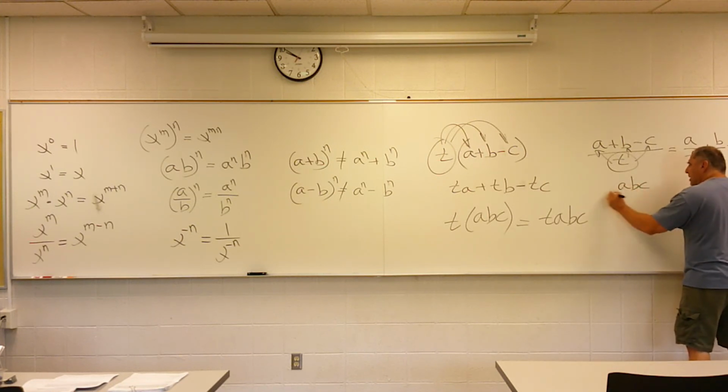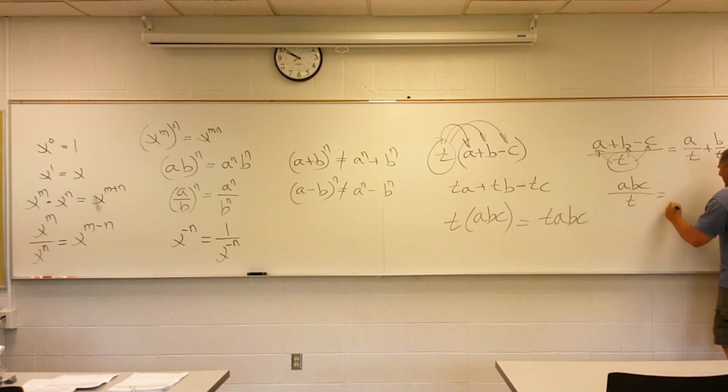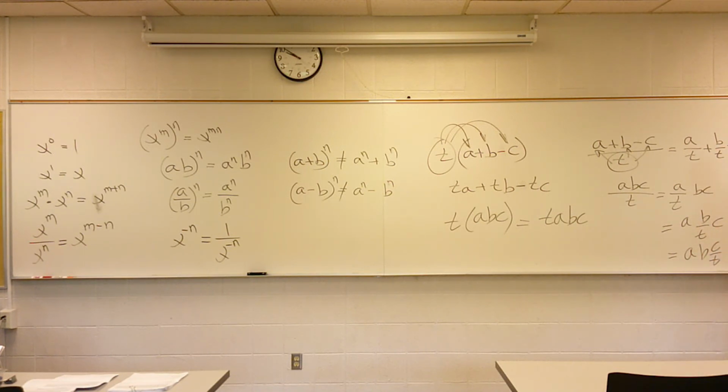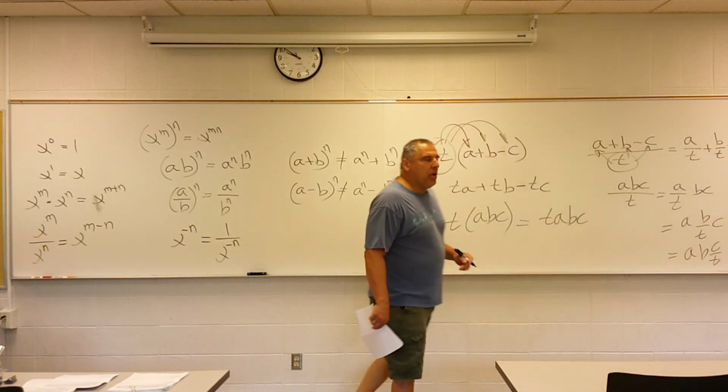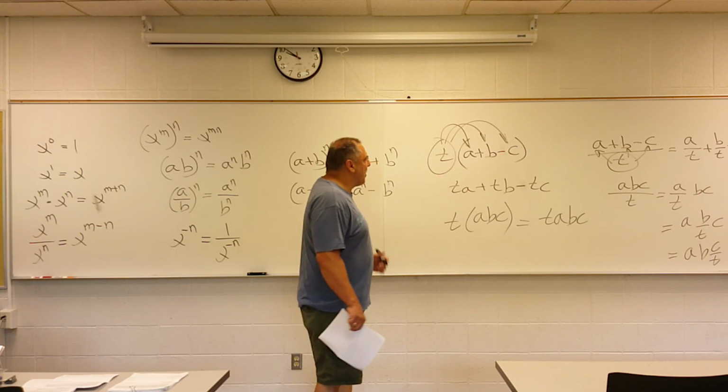How would you do this one? This one, it would just be this, or it would just be this, or it would just be this. But it's not going to go to all three. It's going to go just to one of them, no matter how you do it.